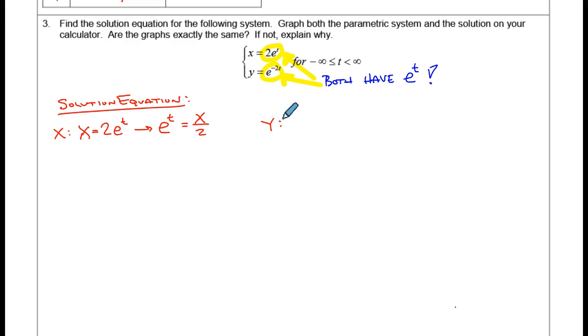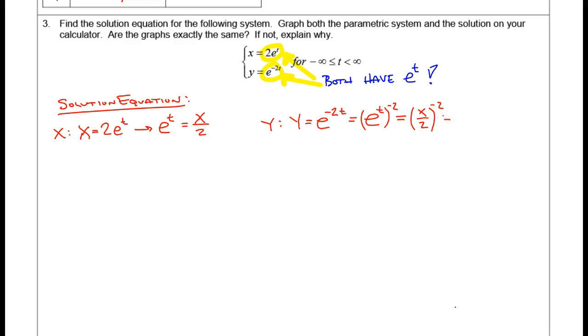Now that I know what e to the t is, let's analyze the function for y. The function for y is e to the negative 2t, and that's equal to e to the t raised to the negative 2 power. We already know what e to the t is. It's x over 2. So I can substitute x over 2 in here, raised to the negative 2 power.